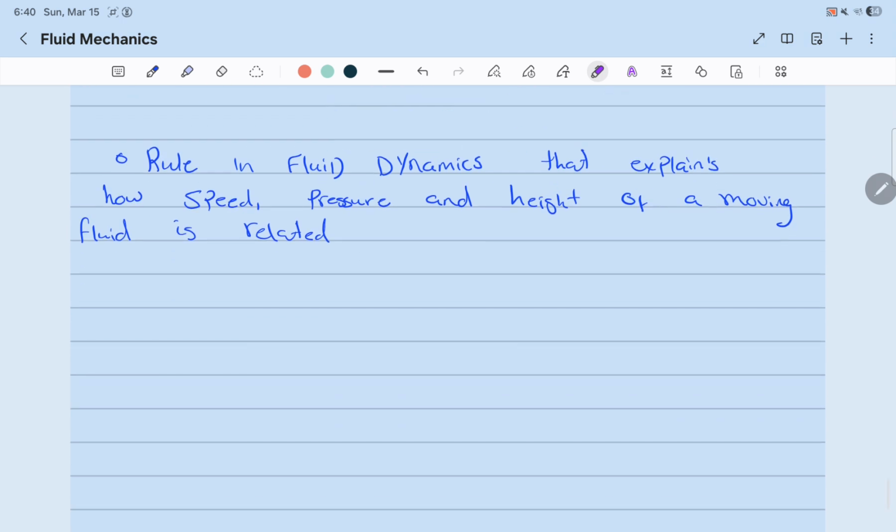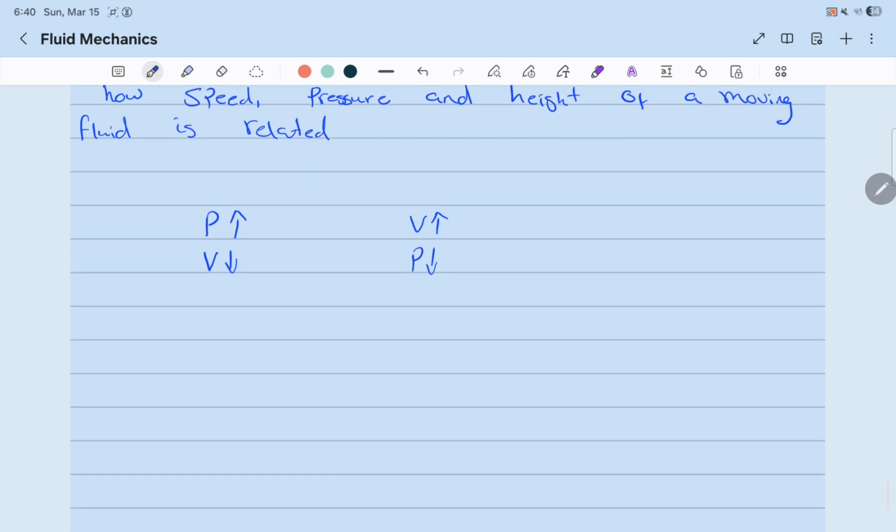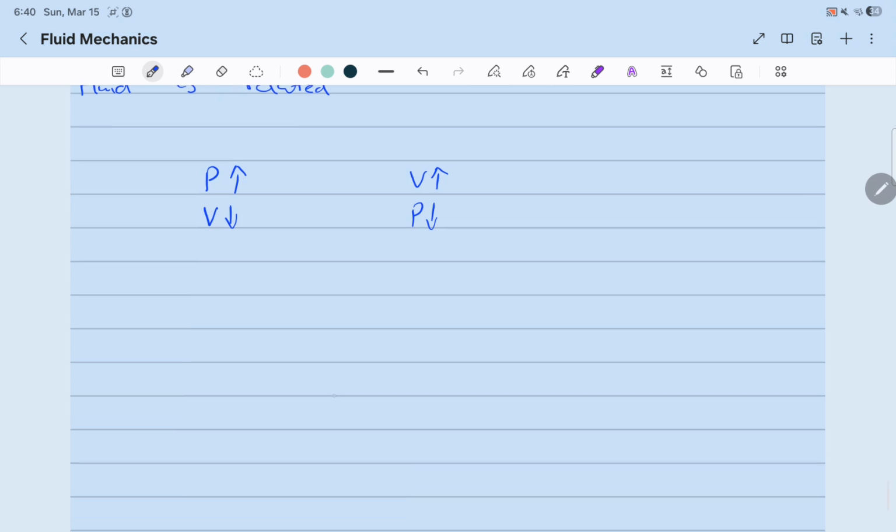So generally, when the pressure of a fluid increases, the velocity decreases. And when the velocity increases, the pressure decreases. And some practical examples are a plane, for example, a plane wing.